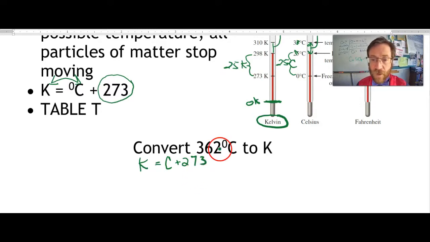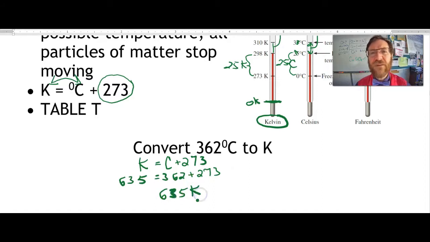So you put 362 plus 273, and that will give us, let me do some math. Nice. It will be 635 kelvins.